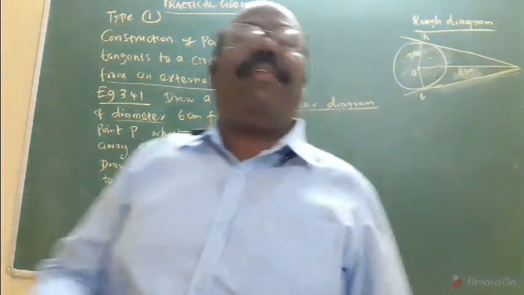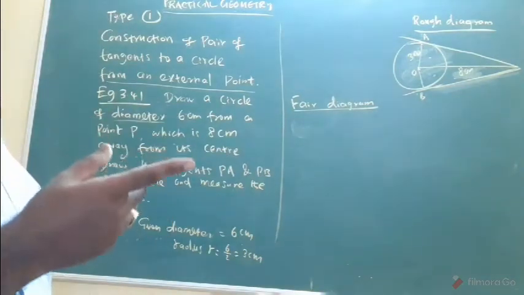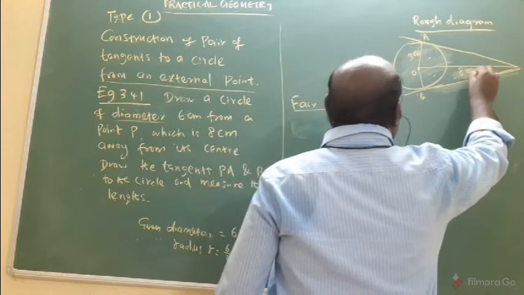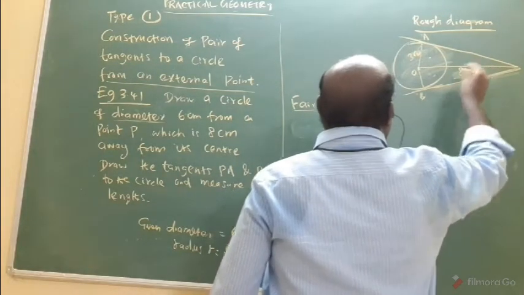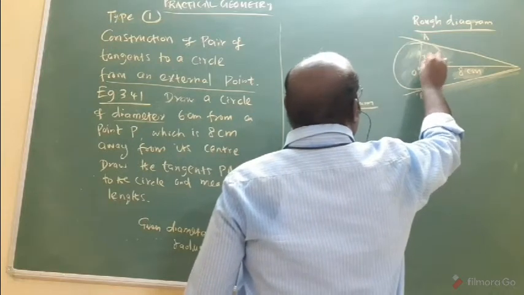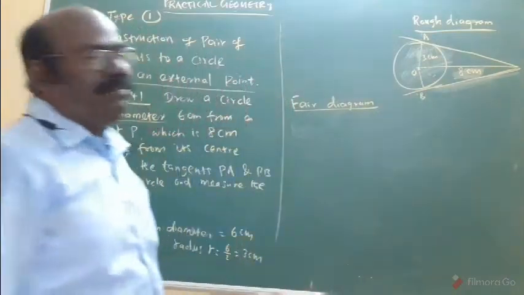From the center to P, outside the circle, it is 8 cm. The radius is 3 cm. This is the rough diagram.